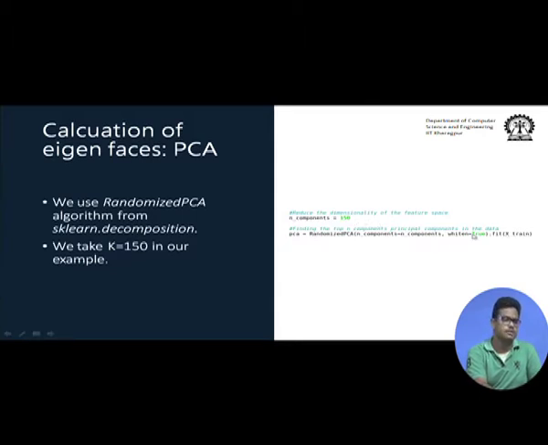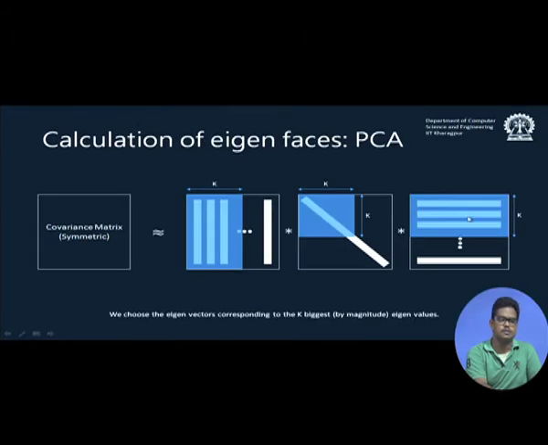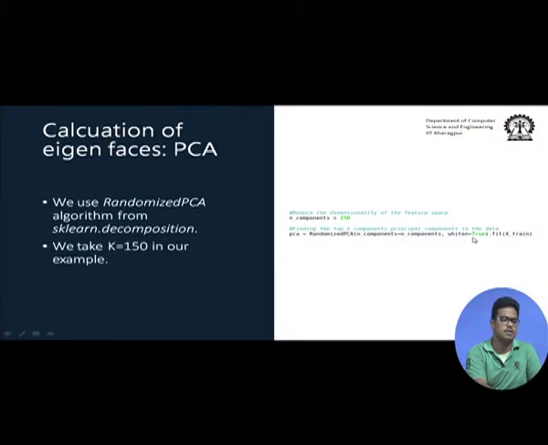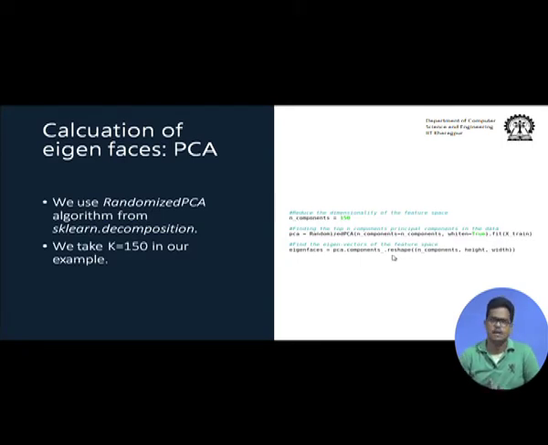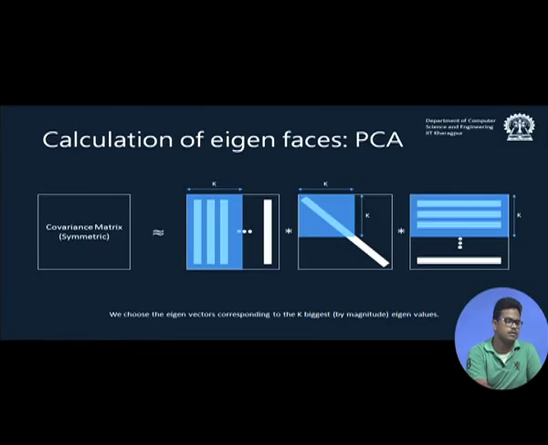So this does all the operations that we showed before, the entire mean normalization, then the SVD, and then we can just try and visualize the eigenfaces. The eigenvectors are calculated and stored within the model. We can retrieve them as PCA.components_, and we reshape them to height by width so that we can visualize them well, and we will show them to you in a minute.